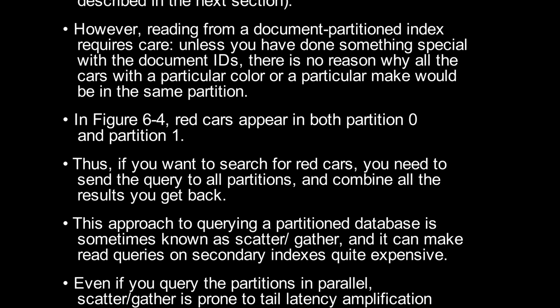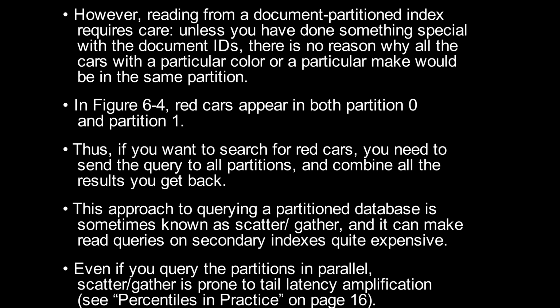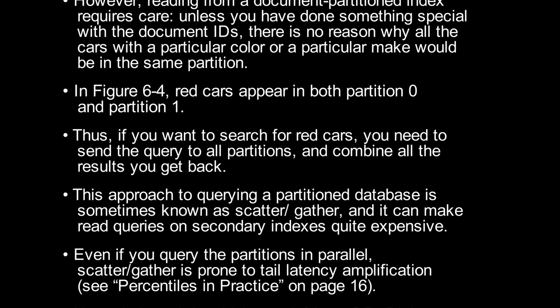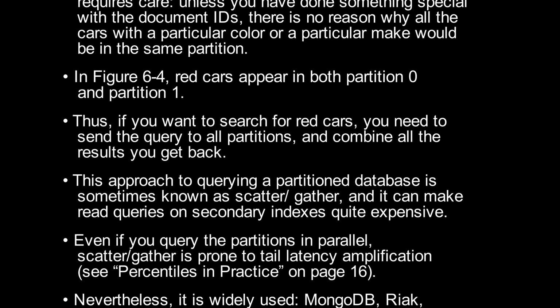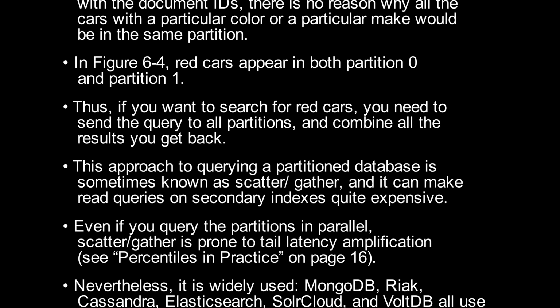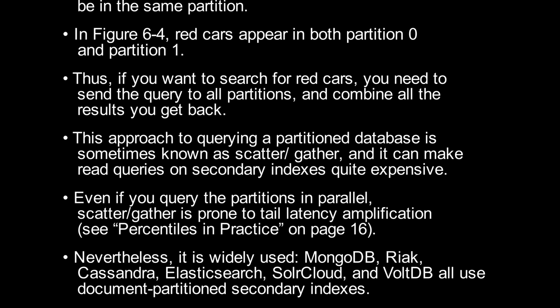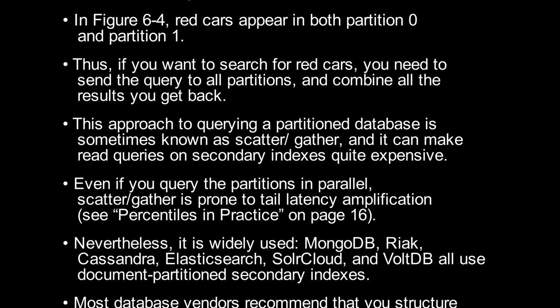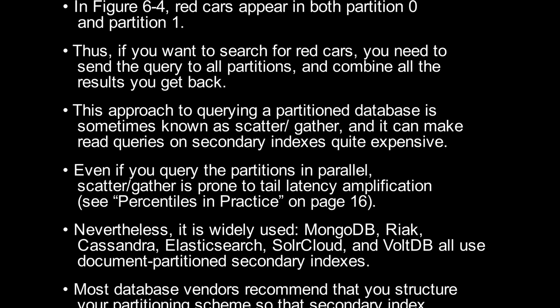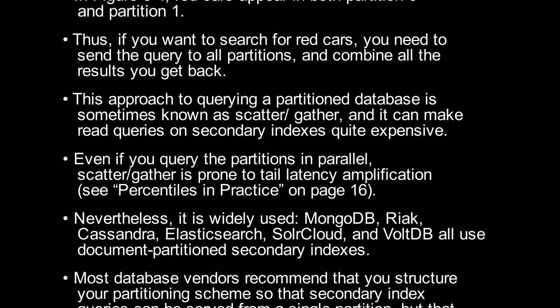This approach to querying a partitioned database is sometimes known as scatter/gather, and it can make read queries on secondary indexes quite expensive. Even if you query the partitions in parallel, scatter/gather is prone to tail latency amplification. See percentiles in practice on page 16. Nevertheless, it is widely used.